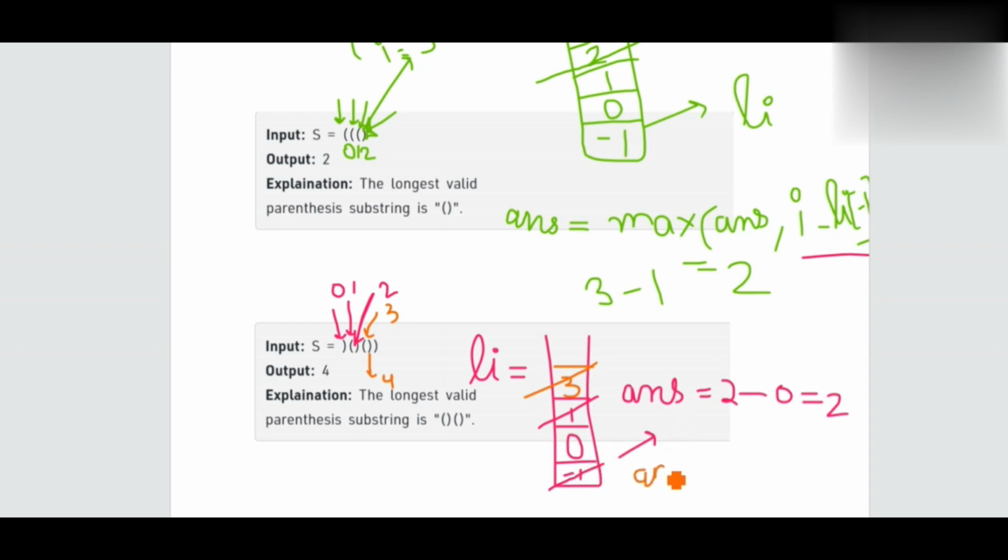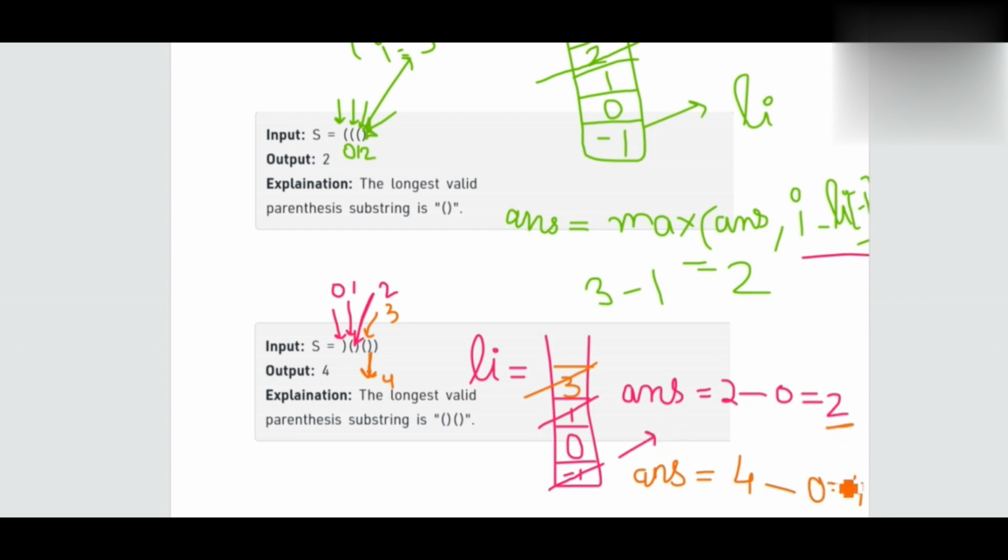So we check the answer variable. We check 4, the value of i, the index of the closing brace, minus the topmost element 0. It is 4.